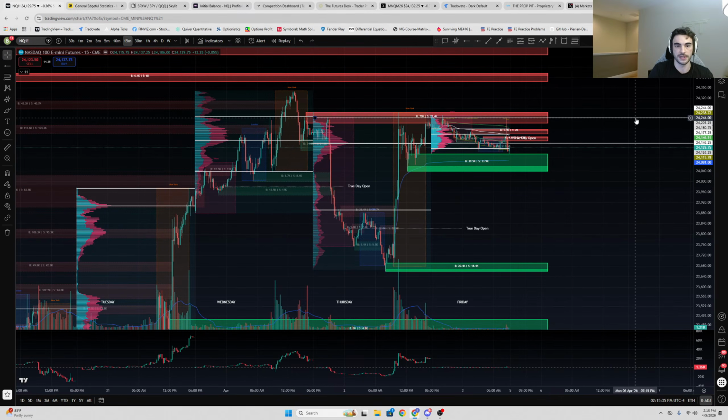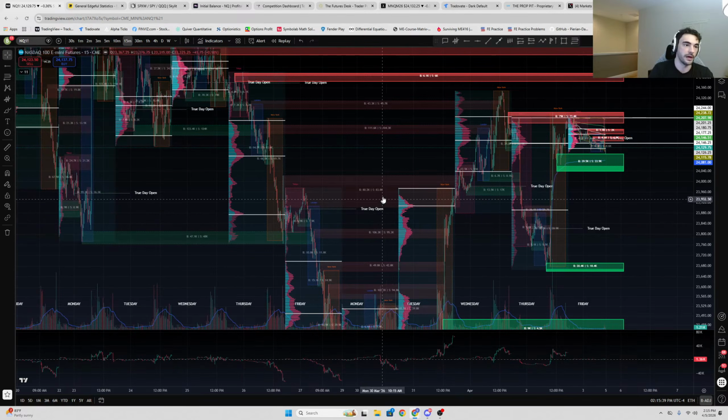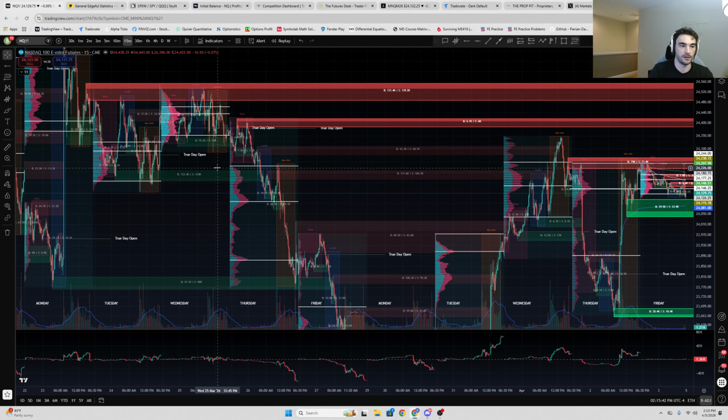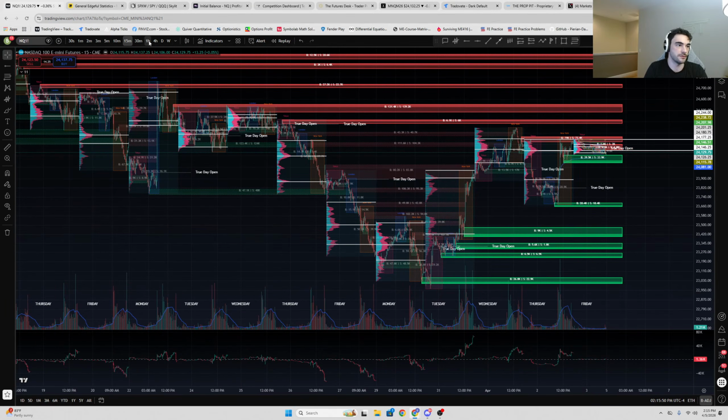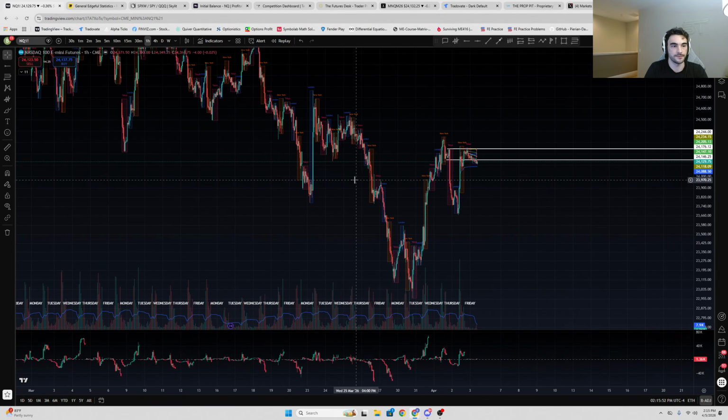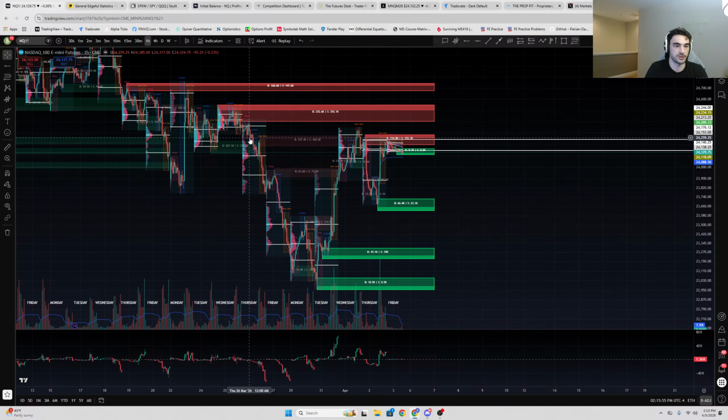So I've got this Wednesday POC, or this Wednesday value area high marked out and the Wednesday POC marked out. And then I might even look a little bit further back and say, okay, well, this was also last Wednesday's value area high. So I would say the 15-minute time frame is good to find areas, or the 1 hour, just to find consolidation areas.